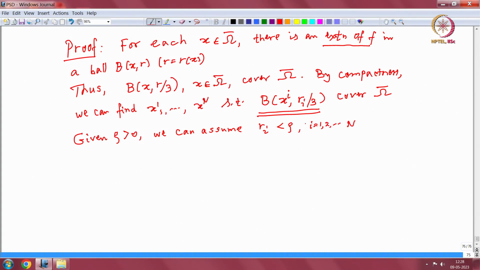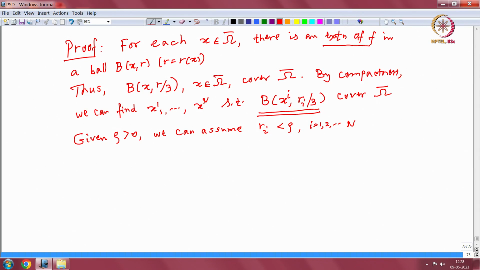Now, from each extension of f in these balls we want to combine everything and get an extension in omega rho. That is our aim.